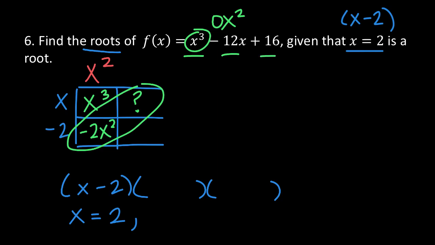So in this box, it needs to add to negative 2x squared to get 0x squared. So it would have to be positive 2x squared. So then on the top would be 2x to multiply to x to get 2x squared, and then 2x times negative 2, negative 4x.